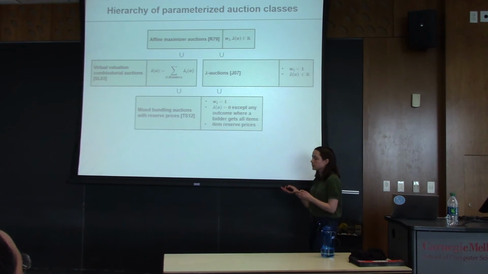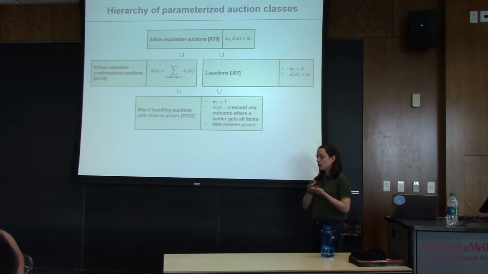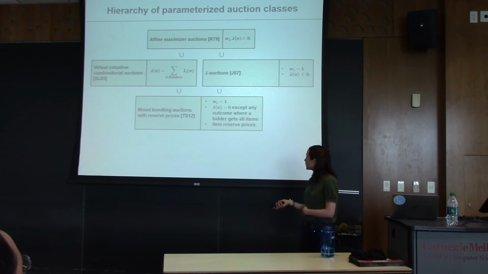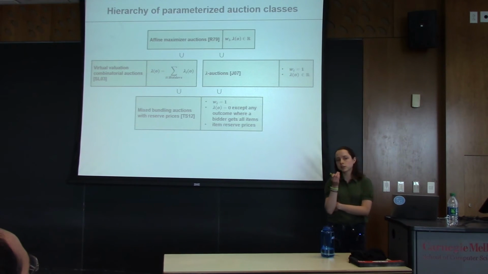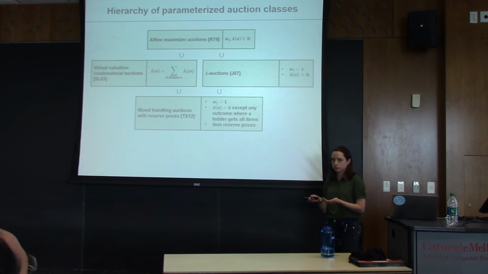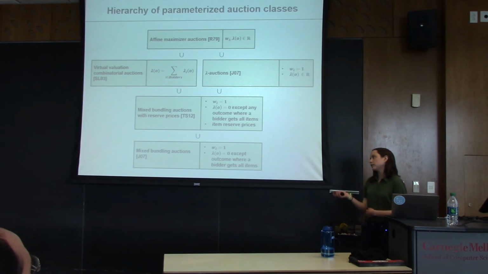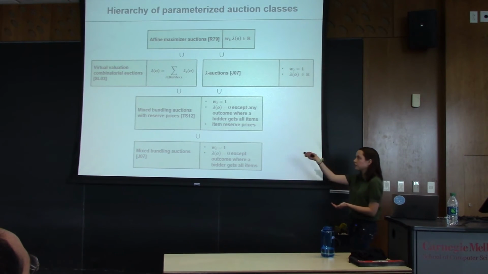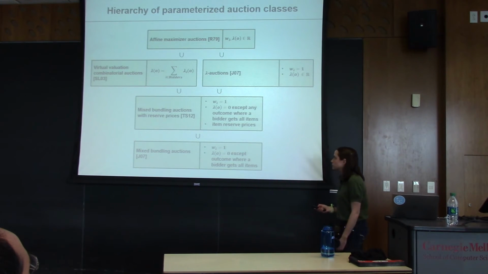We consider item-specific reserve prices, where an item isn't sold unless a bid exceeds that item reserve price. Would it be the sum of the reserve prices of all items? The sum of the reserve prices, because we actually show an exponential lower bound for how many samples you would need to learn bundle-specific reserve prices. And the final class is mixed bundling auctions, which are the same as those with reserve prices, but without the reserve prices.